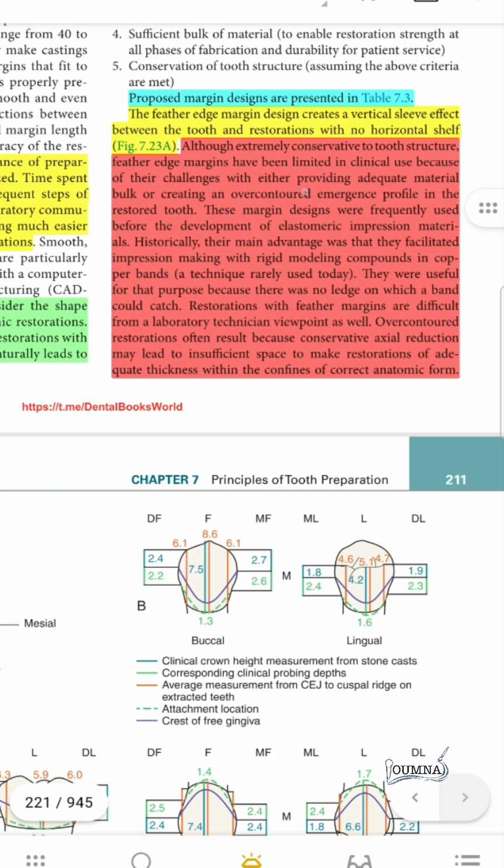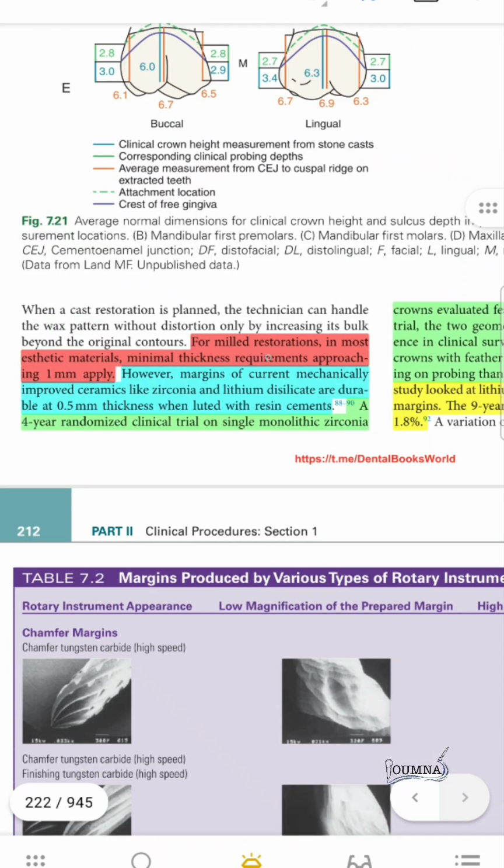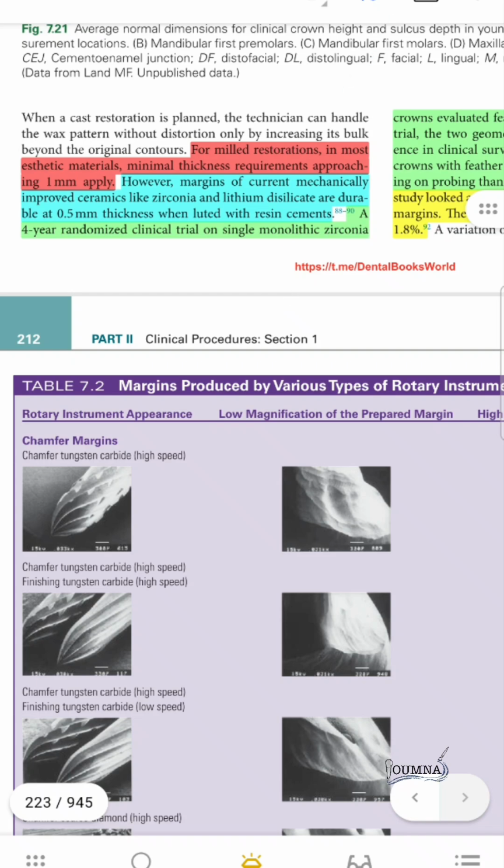The challenge is that this type of margin does not provide adequate material bulk, and it creates an over-contoured emergence profile when the laboratory tries to build the restoration, so they over-contour the restoration to get the correct anatomy. For other restorations, a minimal thickness of 1 millimeter is essential.